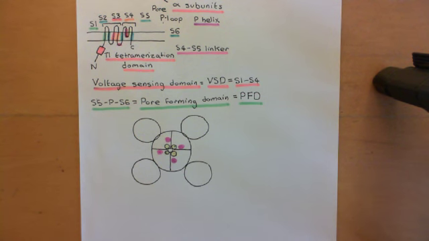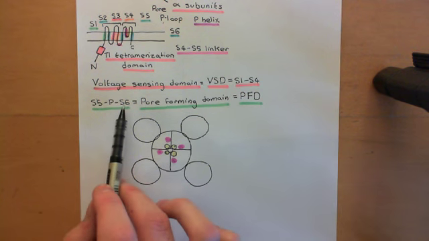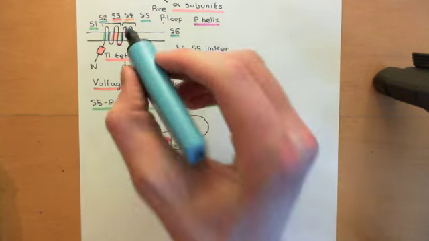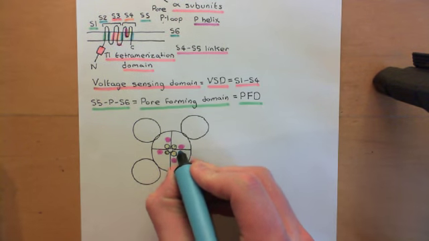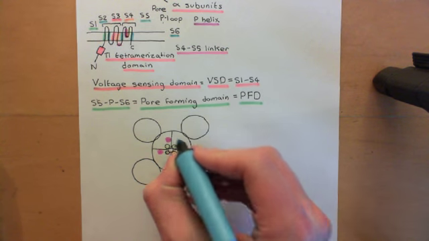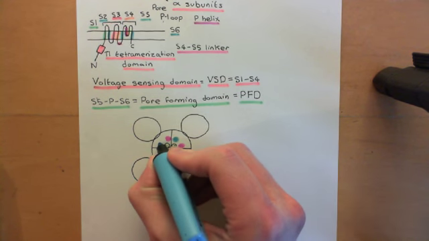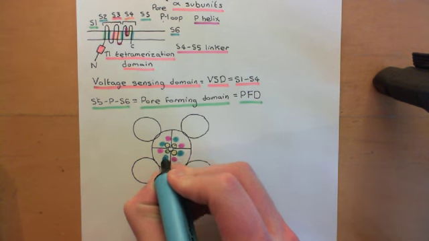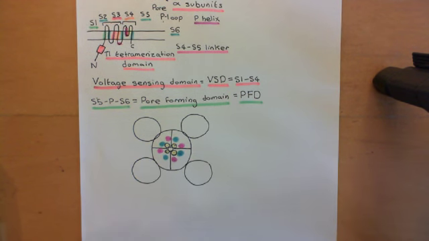What I now want to add on to here is the rest of the pore-forming domain, which is the S5 and S6 helices. So we'll start by putting the S6 helices in. Remember, S6 is coloured in here in blue, and S6 helices are going to be sitting in this gap here, alongside the descending portion of the P-loop. So this is the S6 helix.